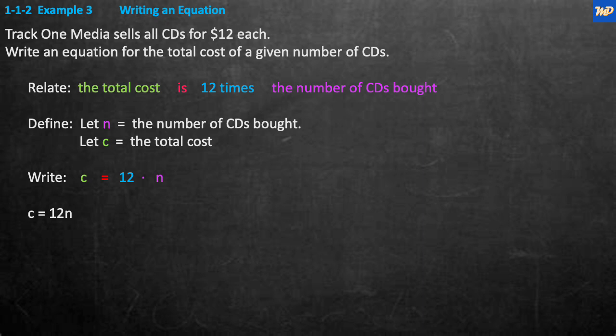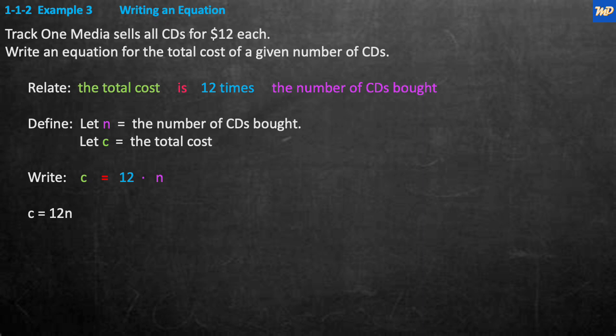Okay, that's our little equation here. So let n equal the number of CDs bought, and you see it's here in purple. Let C, in light green, be the total cost. What we're going to do is sum the whole thing up. We're going to write C, and what is C? The total cost.